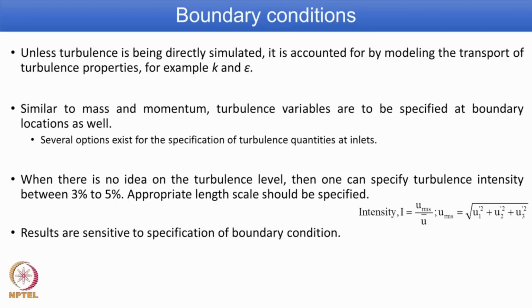If it is not given, then one can take a value between 3% to 5%. In addition to intensity, one also needs to specify a length scale, and from both you can get a kinetic energy estimate at the inlet, and results are very sensitive to the specification of this k, epsilon, omega at these boundary condition locations.